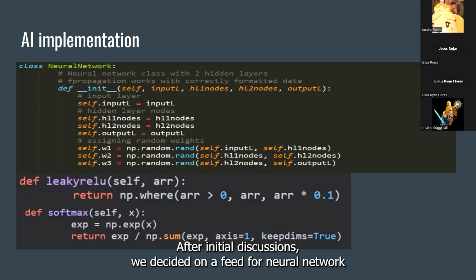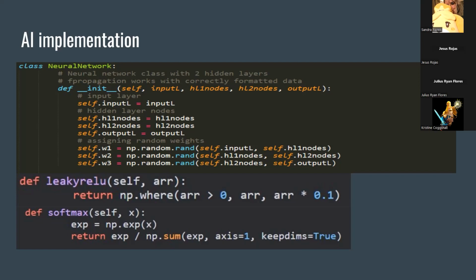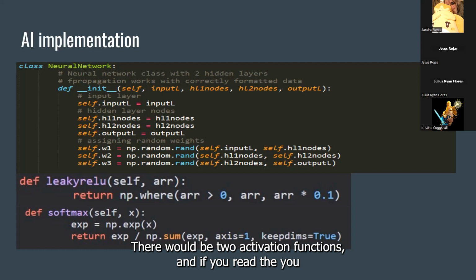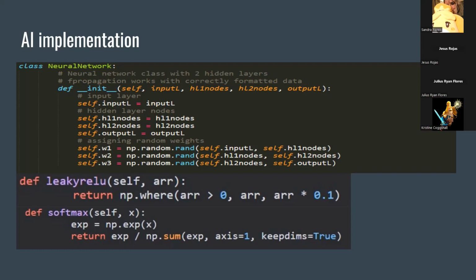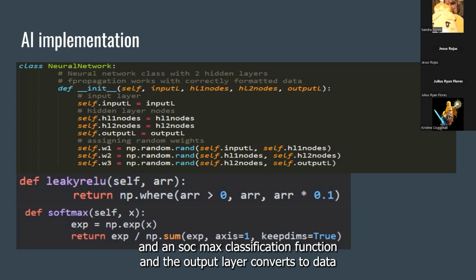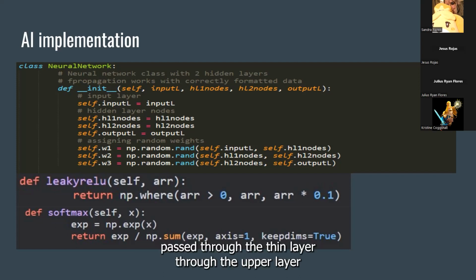After initial discussions, we decided on a feed-forward neural network with an input layer, 2 hidden layers, and an output layer. There would be 2 activation functions. A leaky ReLU is used in the hidden layers that perform non-linearly, and a softmax classification function in the output layer converts the data passed through the hidden layer into a distributed probability.